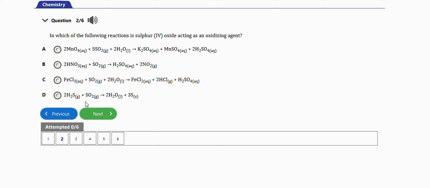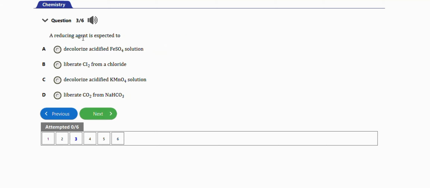The next repeated question is this one. It says, a reducing agent is expected to: dechlorize acidified iron(II) tetraoxosulfate(VI) solution; liberate chlorine gas from a chloride; dechlorize acidified potassium manganese(VII) solution; liberate carbon(IV) oxide from sodium hydrogen trioxocarbonate(IV).